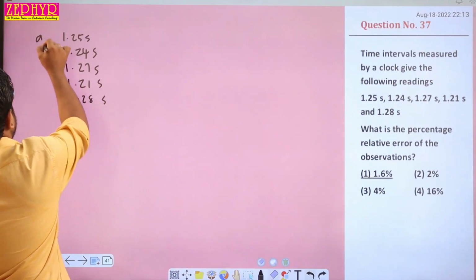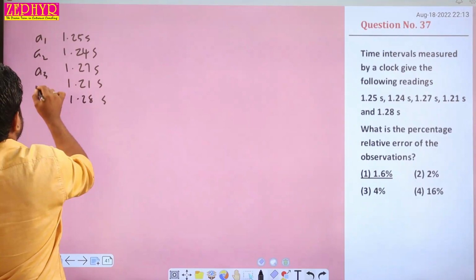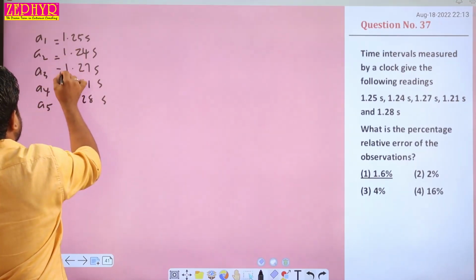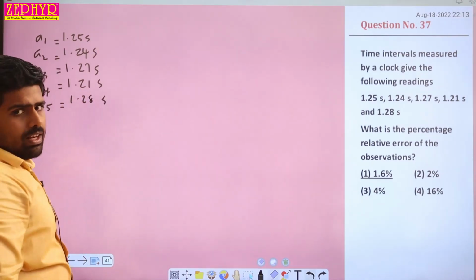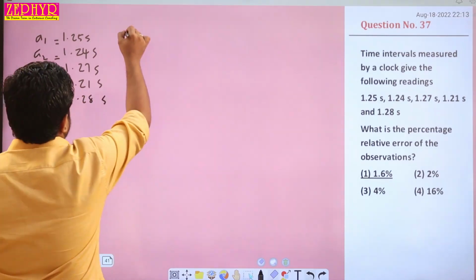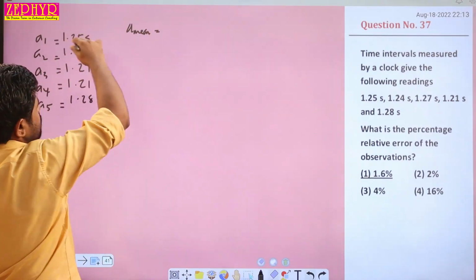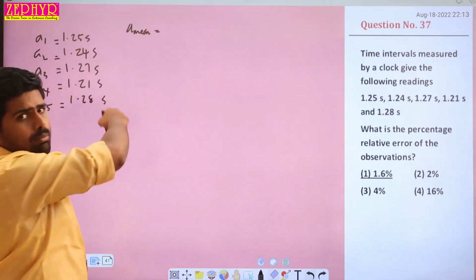These are A1, A2, A3, A4 and A5. Clear? Then to find A mean, you just add all these values and divide by the number of observations.